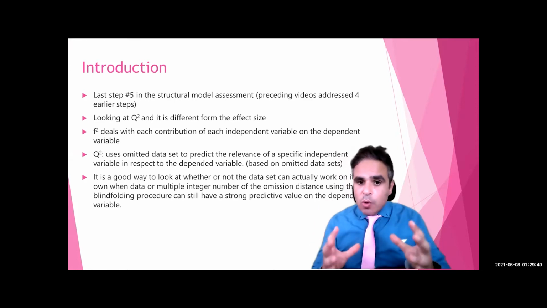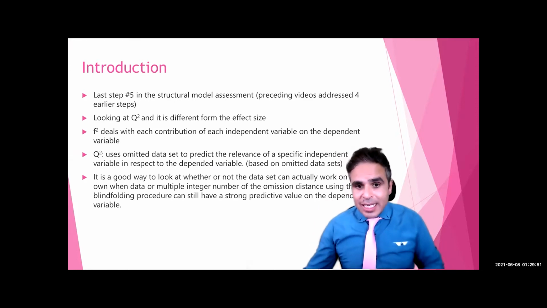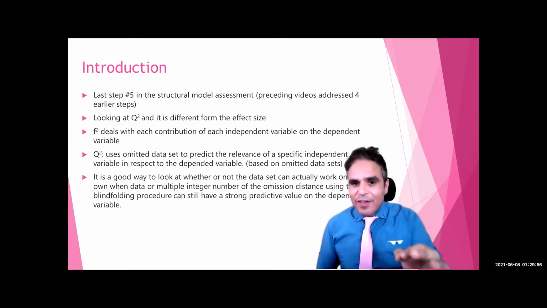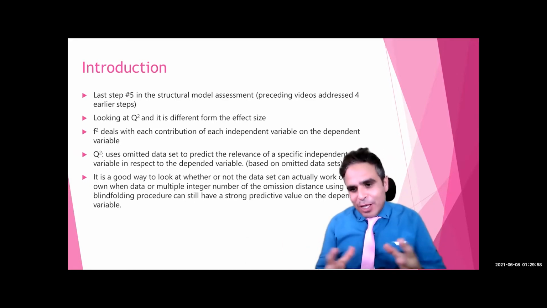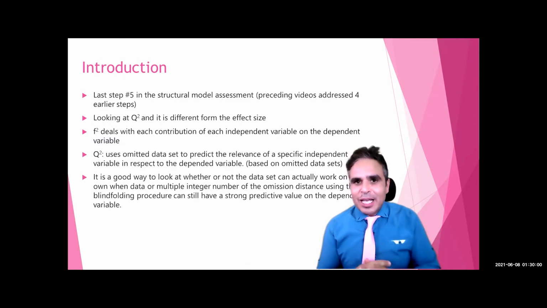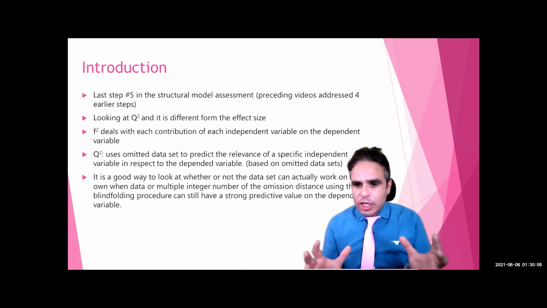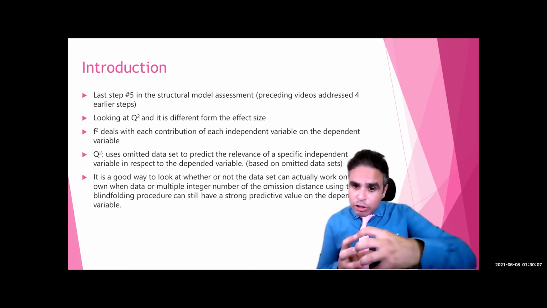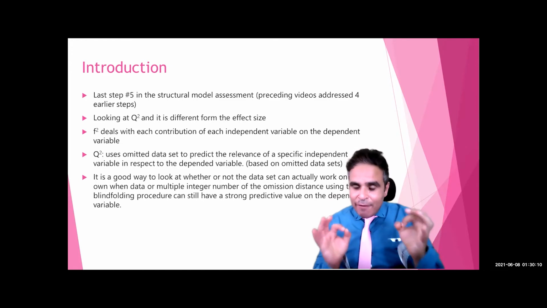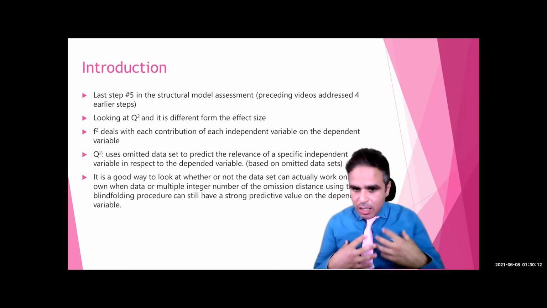Okay, so Q squared uses, as you notice here, the omitted data set to predict the relevance of a specific independent variable in respect to the dependent variable in our case. So here we have data omission. We remove part of the data from our data set, not me, not you.